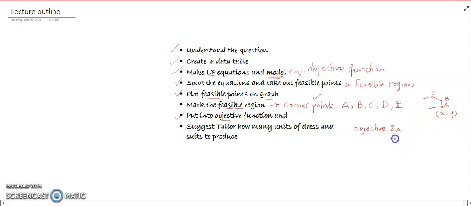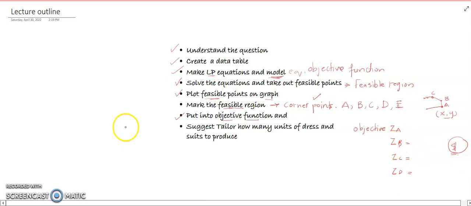When we are talking about corner point B, we will take the coordinates XB and YB and put these values into the objective function Z, giving the value for B. Then similarly ZC, ZD. Among all, we will choose the one which gives us the highest profit, and this will be suitable for the company.